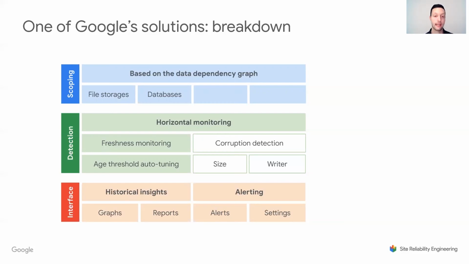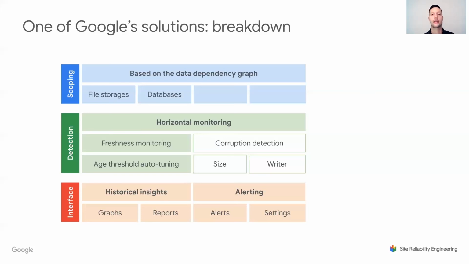So we scope the monitoring by using the age graph and looking at which data sets are critical, which data sets need alerting indeed. And this scales to multiple storage types: files, storages, and databases.